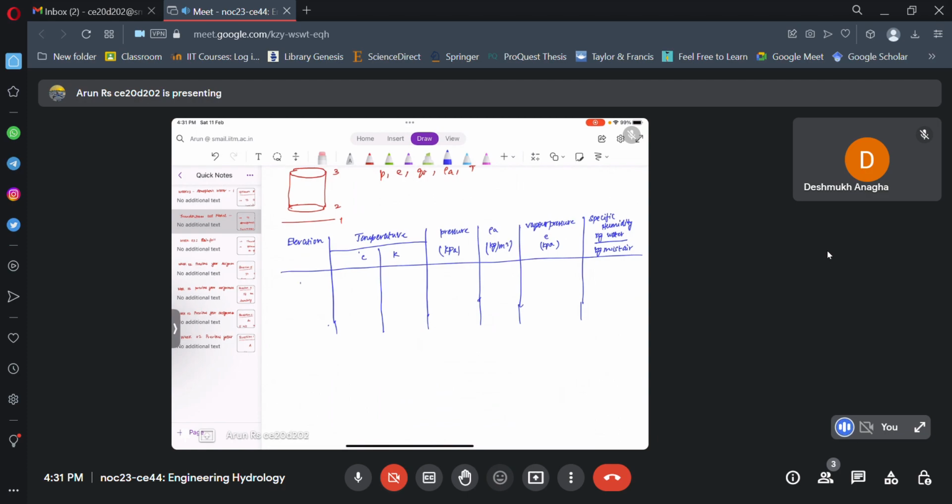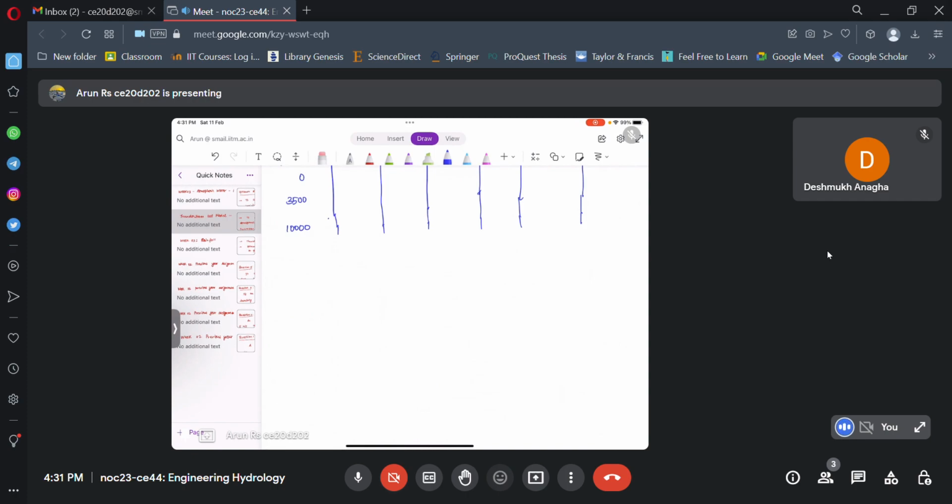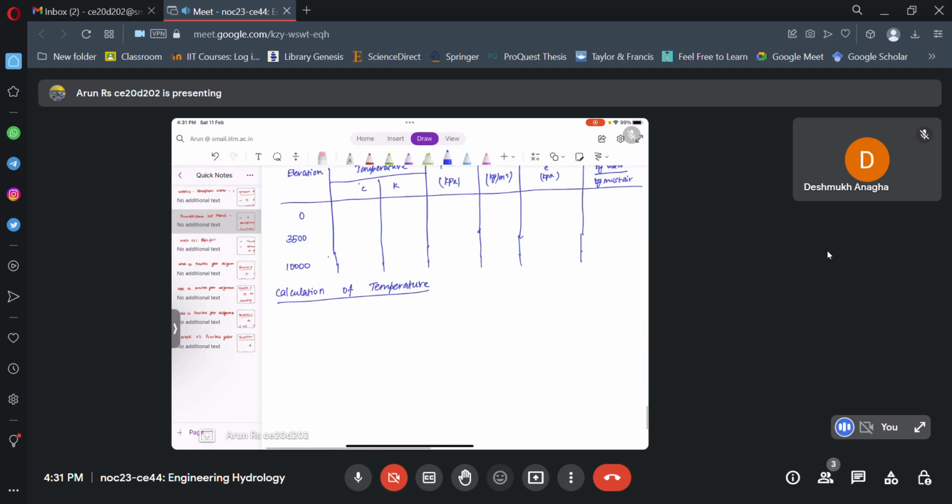So we are going to determine the parameters at 3 different elevations, that is at the ground level, at the cloud base, and at the top of the thunderstorm model. So first we need to calculate the temperature. At ground level, temperature is given as 35 degrees centigrade. So we need to calculate at 3.5 kilometers.